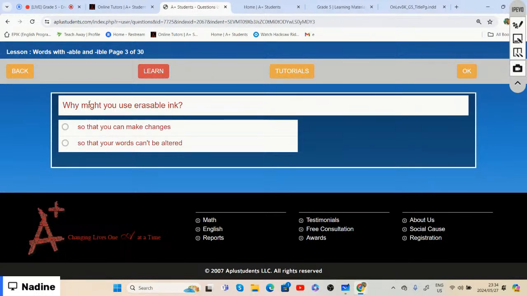All right. So why might you use erasable ink? So that you can make changes, or so that your words cannot be altered. Erasable ink. Something that you're able to erase.